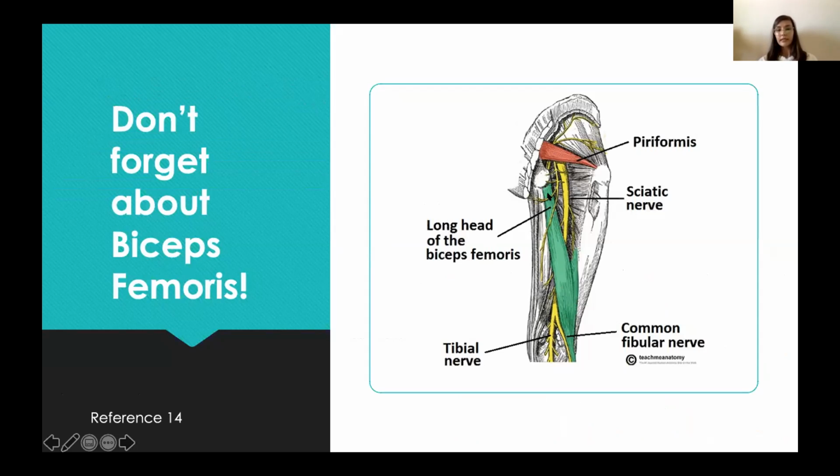And you can see the long head that would get innervated by that tibial branch. And then the short head, we can see it originating and inserting a little bit more laterally than the long head. So we can connect that and realize that it's going to be innervated by the common fibular branch of the sciatic nerve.